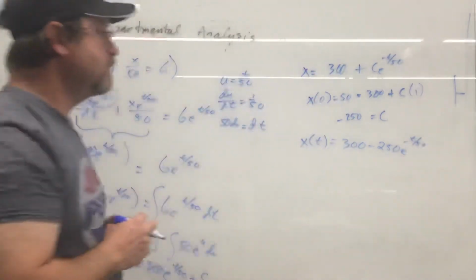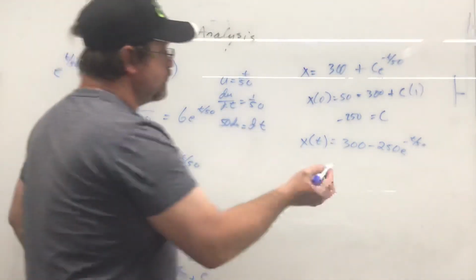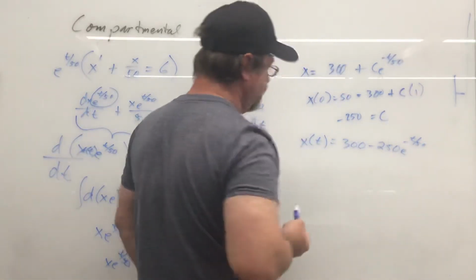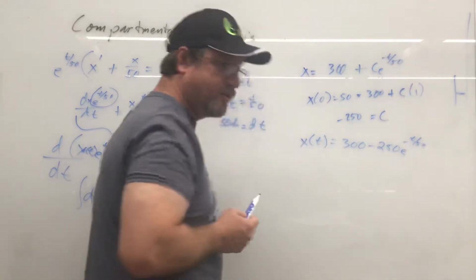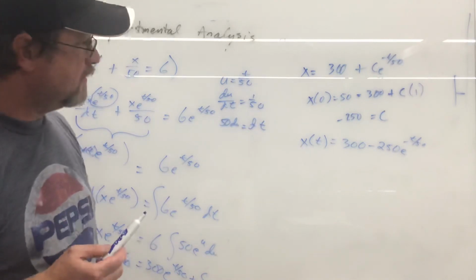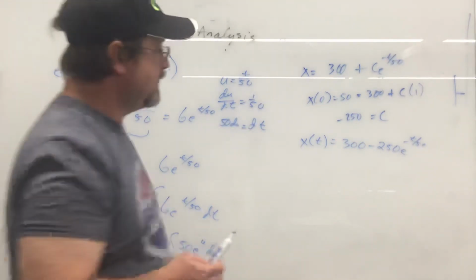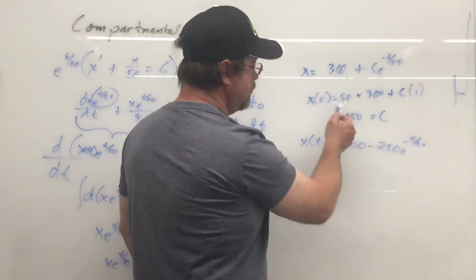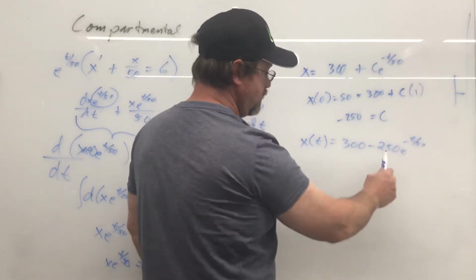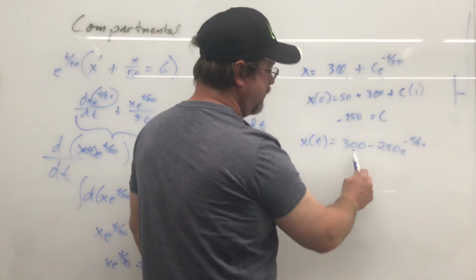Now, what's going to happen? Well, eventually, as time goes to infinity, this whole thing is going to go to 0. We're going to have 300 pounds of salt in the tank, because that term is going to disappear. We started with 50: at time 0, this term is 250, and we have 300 minus 250.